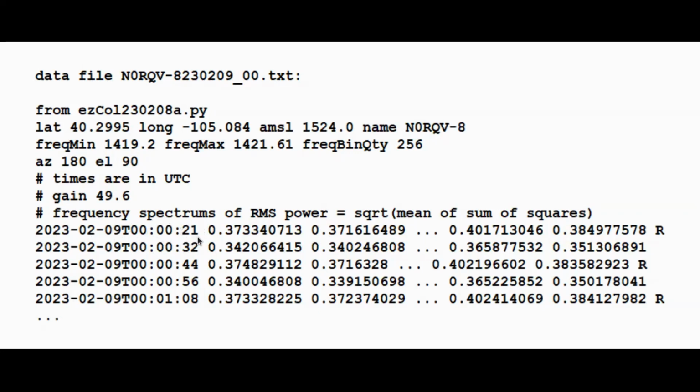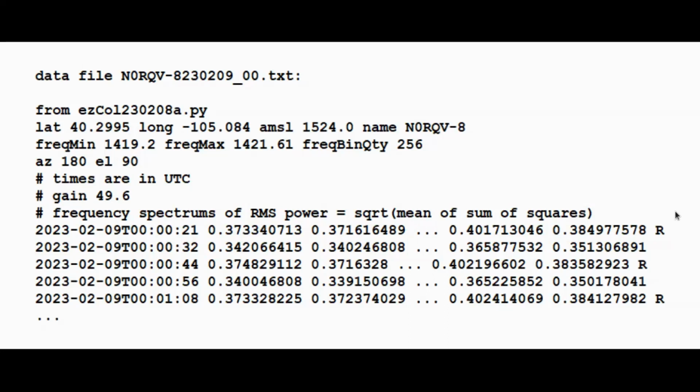The seconds can have decimal points if you wish, in UTC time, followed by 256 numbers.